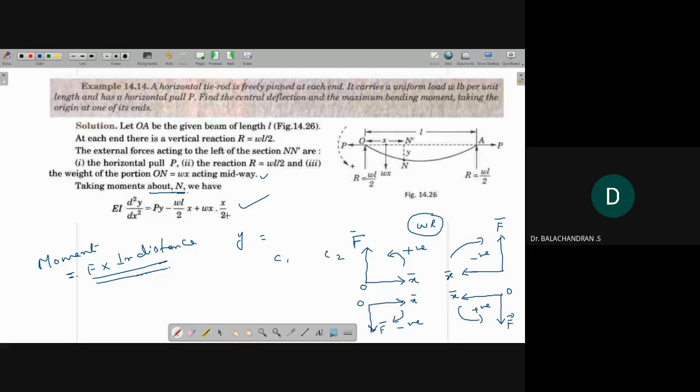Okay, I think we got the differential equation here. Now, if you simplify this, what will you get?